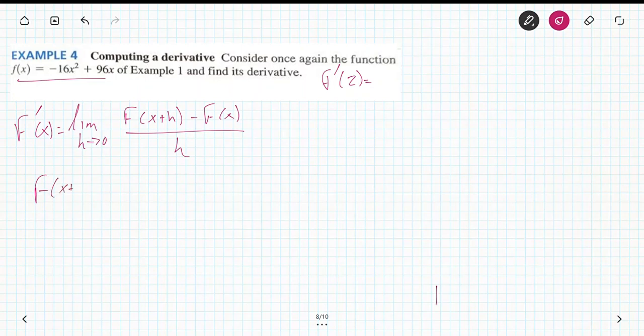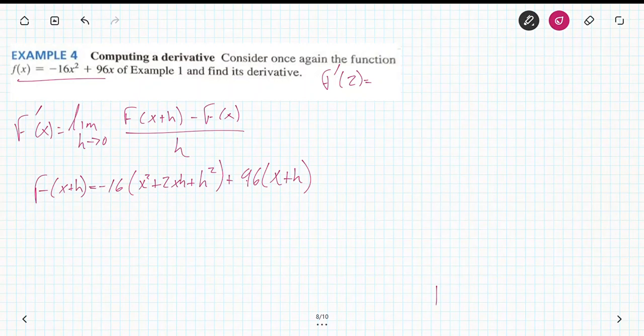f of x plus h is going to be negative 16 times x squared plus 2xh plus h squared, plus 96 times x plus h. Let me write that again because that might not be that clear. So this is going to be 96, and I'm substituting x plus h for every x.